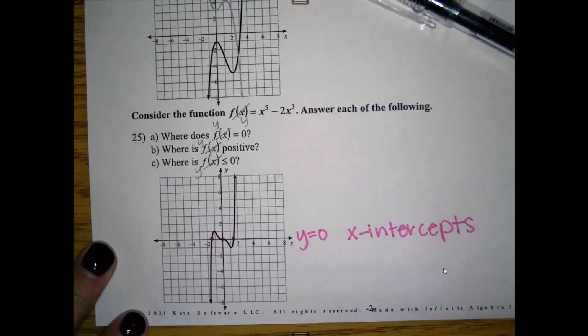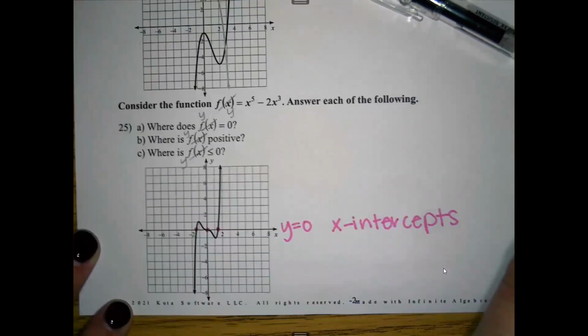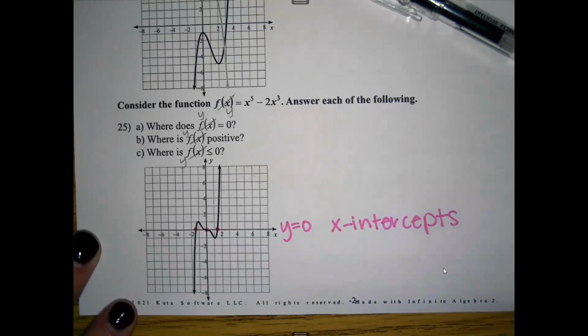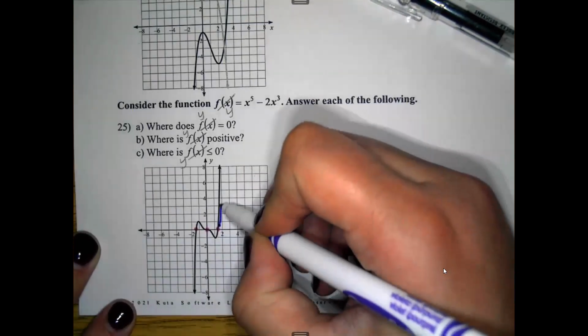And then we can label where y is positive. Where is y positive? You might look at number 23. Above the x-axis. So this part up here, this is where y is positive.